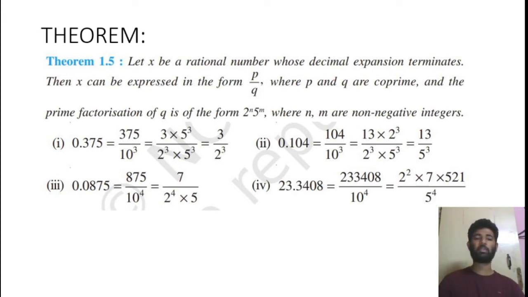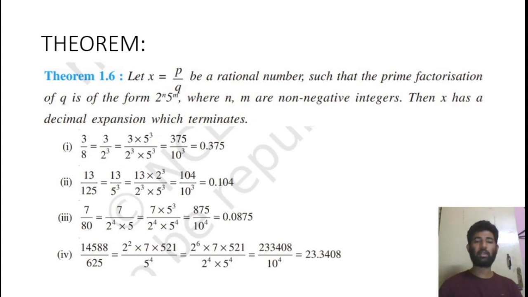That can again be expressed as 2 to the power 3 and 5 to the power 3, which is what our theorem says. In the second example, 2 to the power 3, 5 to the power 3. Third example, 2 to the power 4, 5 into 5. Fourth example, 5 to the power 4 and 2 to the power 0. So this shows that a rational number whose decimal expansion terminates can be expressed in the given form.